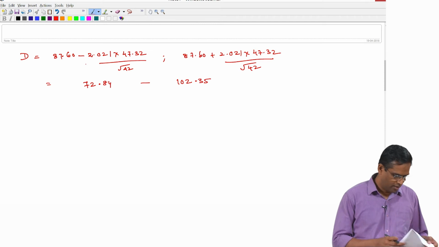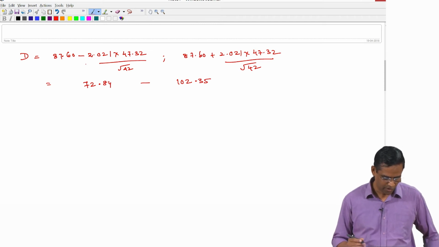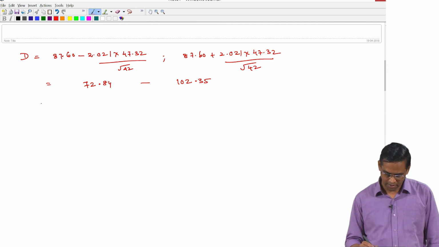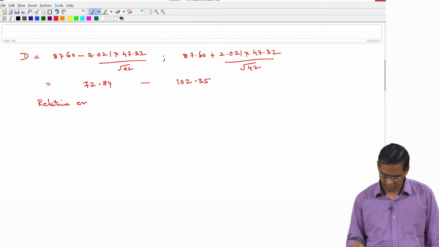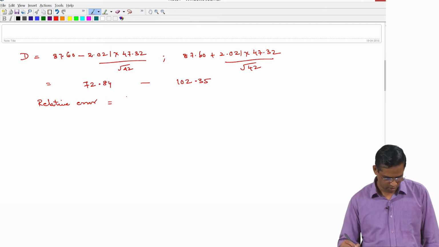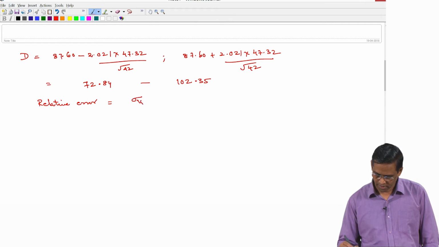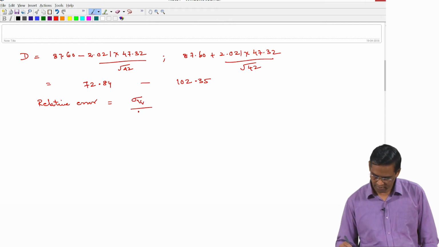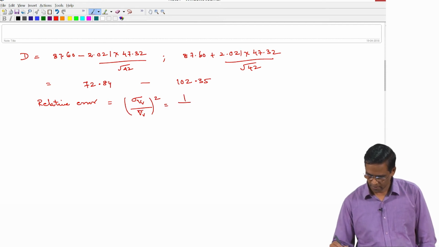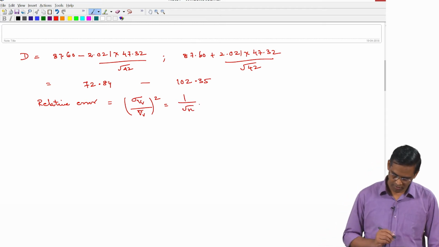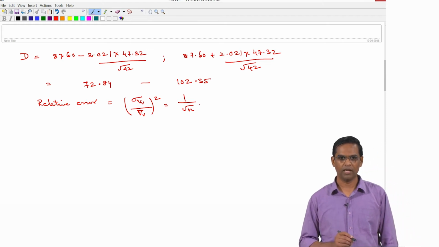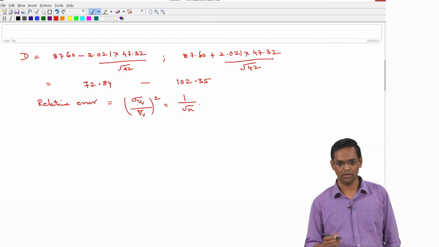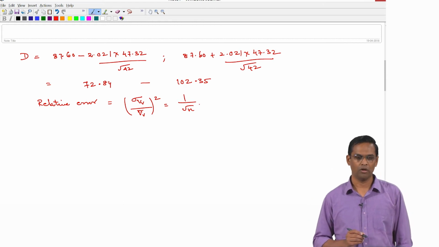The other important point I want to mention is we also talk about the relative error. If you look at the class lecture, Professor Sandeep has proved that the relative error for a point count could be 1 upon square root of n.